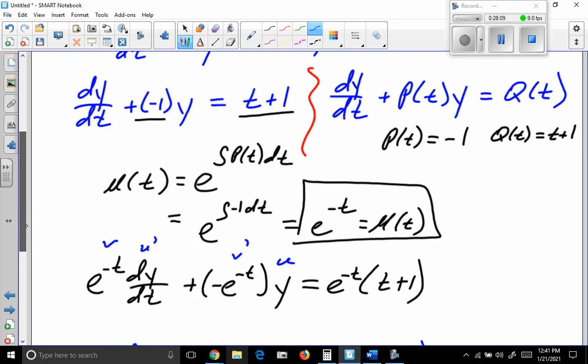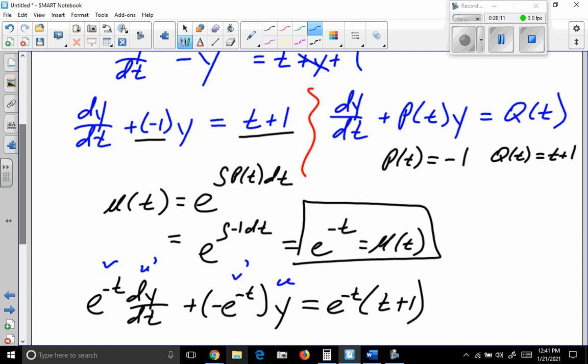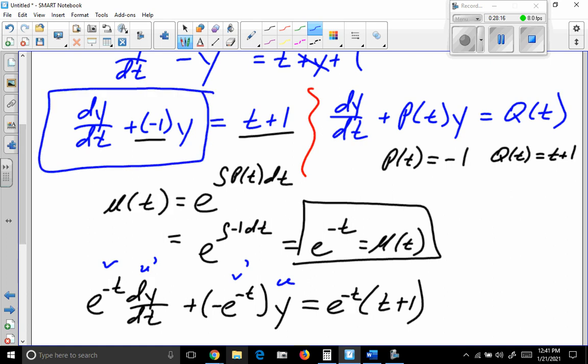So again, when we get our special integrating factor, we're saying we want to make the left side the derivative of something. And if we have two terms, one of them has a derivative of y, one of them doesn't have a derivative of y, maybe we can turn that into the derivative of some product.